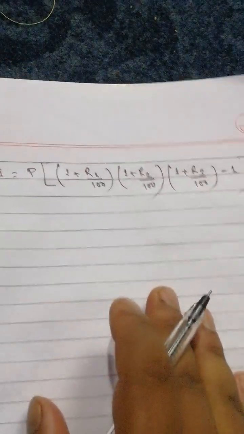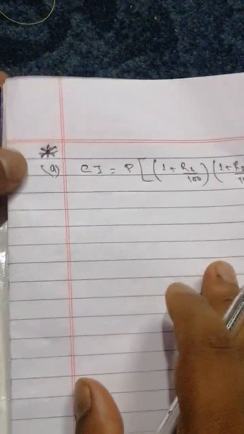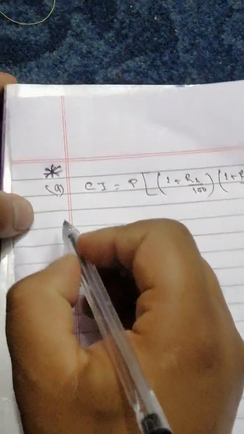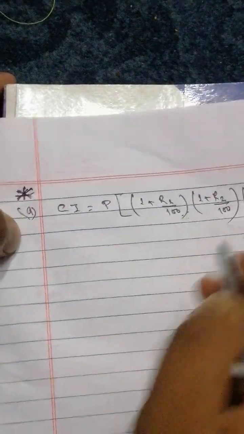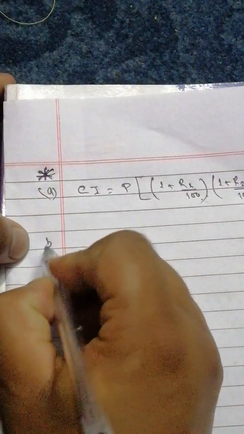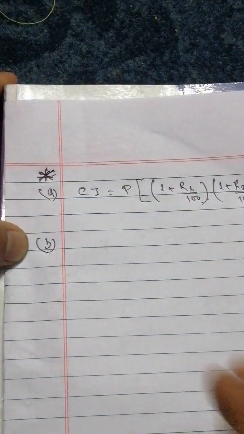So this is the formula to calculate compound interest whenever the rate of interest changes every year. So here this is the rate of interest for 3 years. So R1, R2, R3.